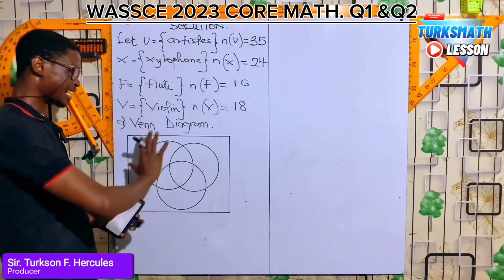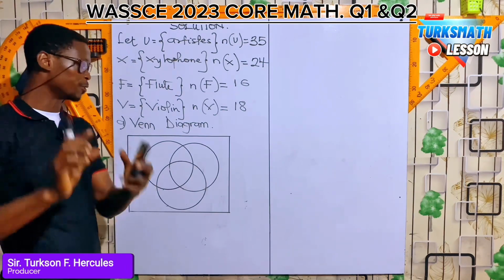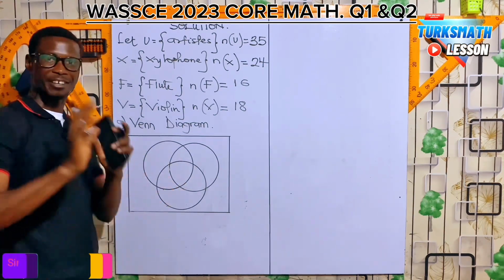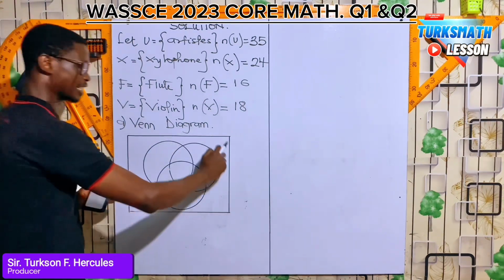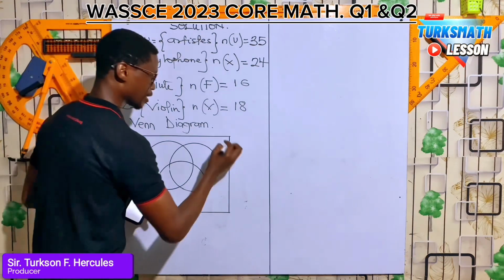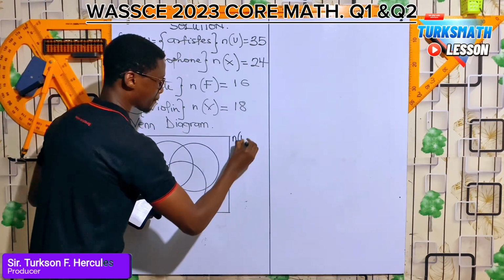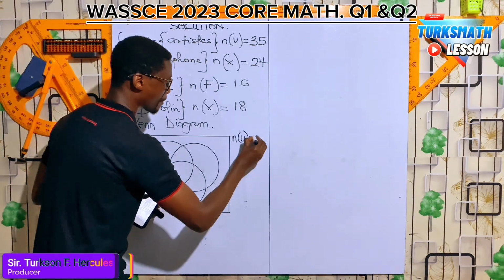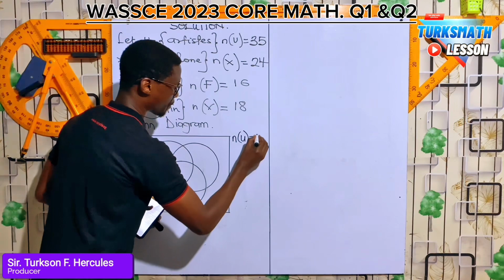So this is my Venn diagram drawn nicely here. I know you have also drawn yours very nicely, right? So now let's label the parts. So you know the rectangle is the universal set, which will give us 35.